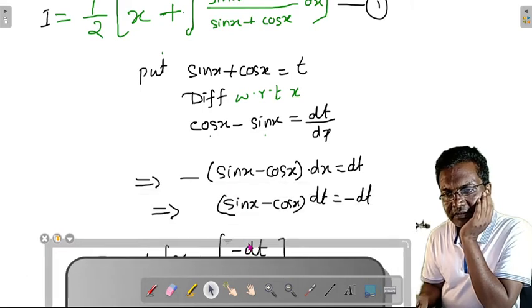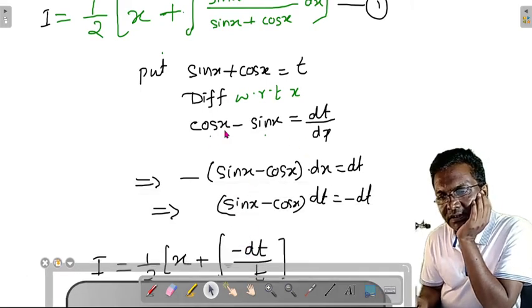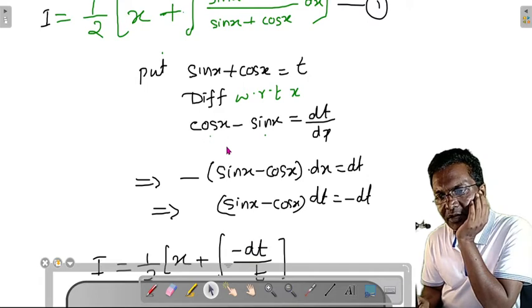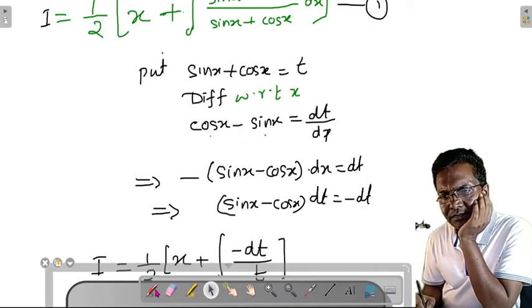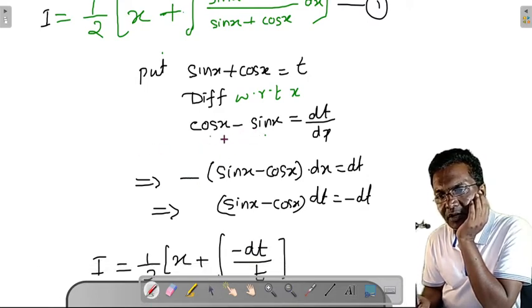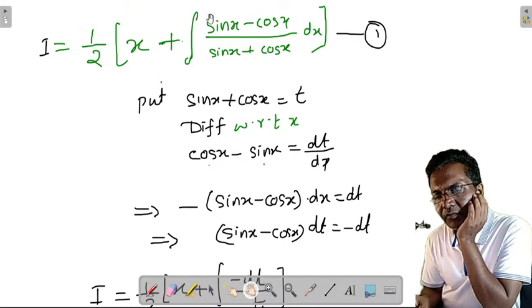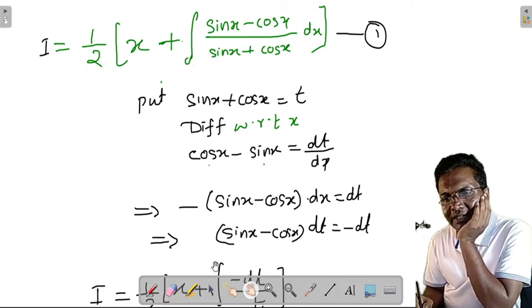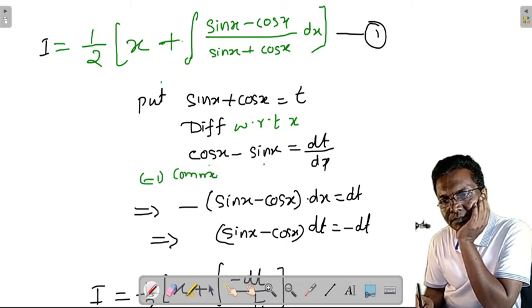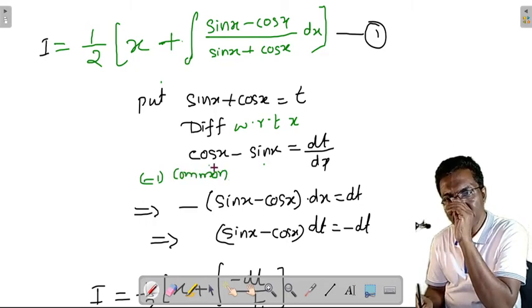Now see here, from this I have taken minus common, because in the numerator what we have is sin x minus cos x. Taking minus 1 common, what will you get?